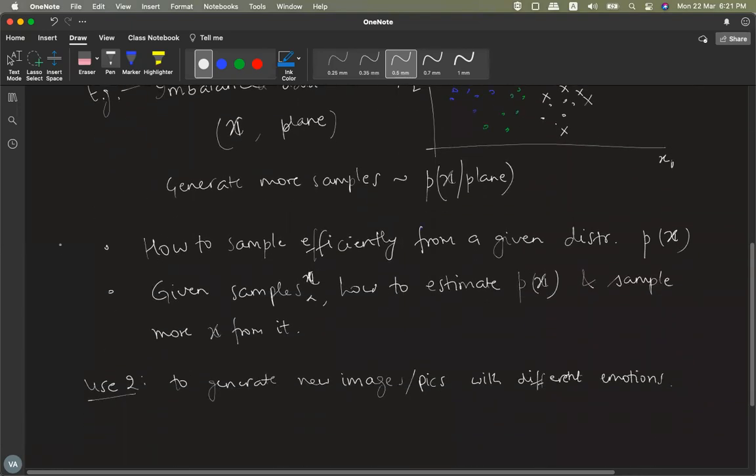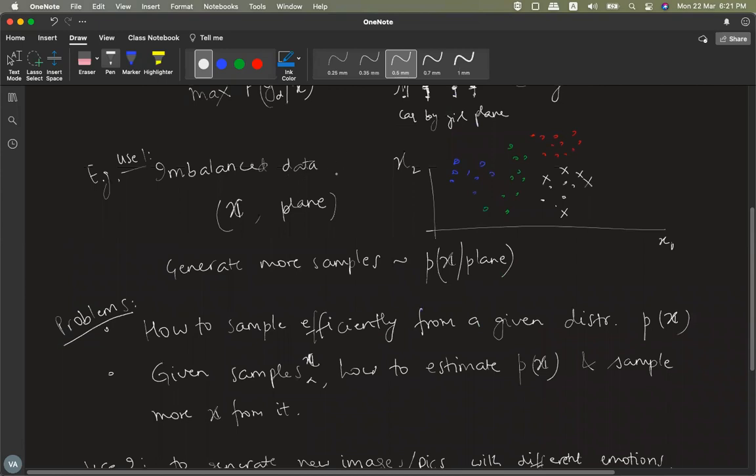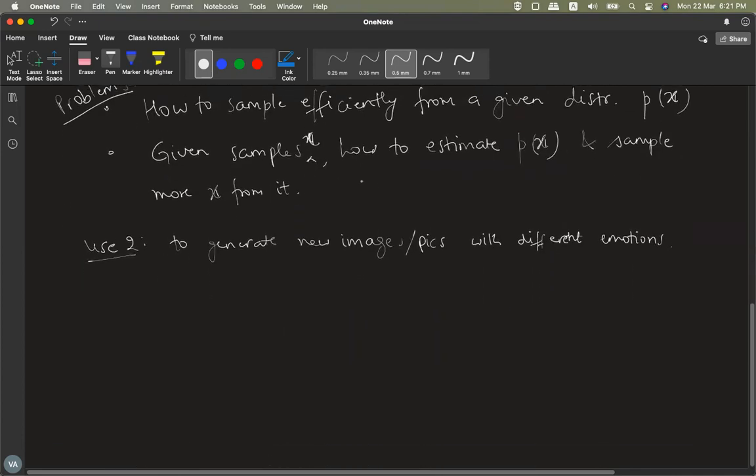Sir, can it be used for data augmentation? Data augmentation I already discussed, like in use one, imbalanced data or small data. In some artistic pictures, they have combined two pictures, like one providing the background and one providing the landscape. Is that part of this thing only? GAN.